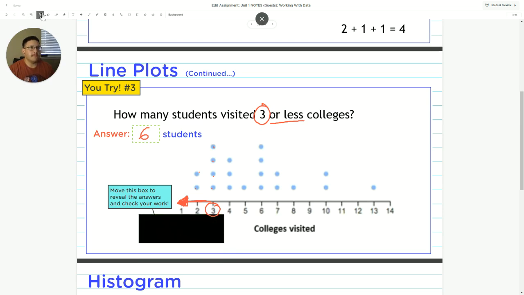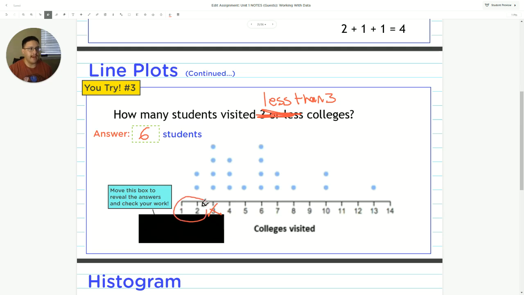Now, just to show y'all a variation of this, if I were to say, for example, less than 3, we would not have included 3.